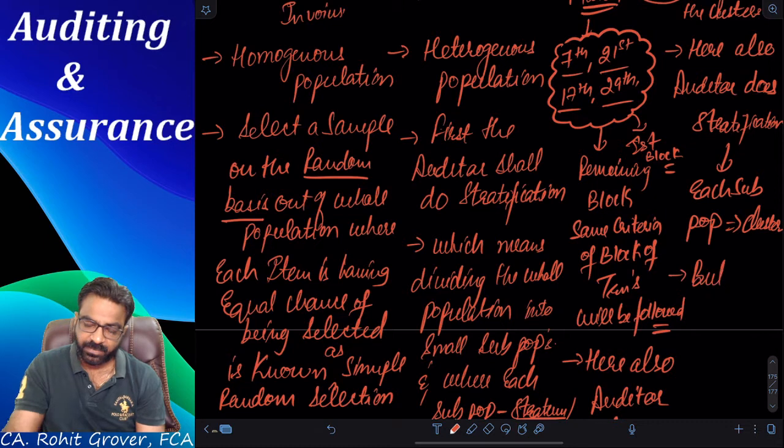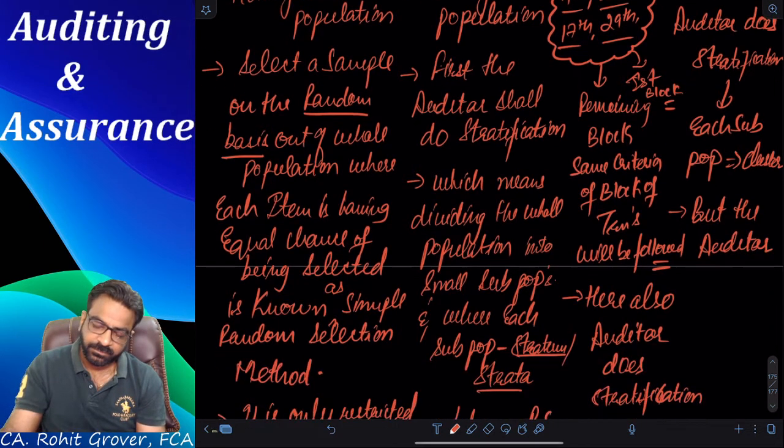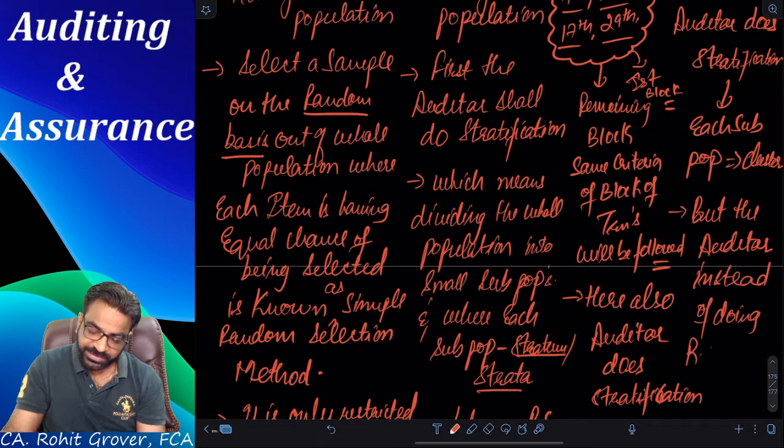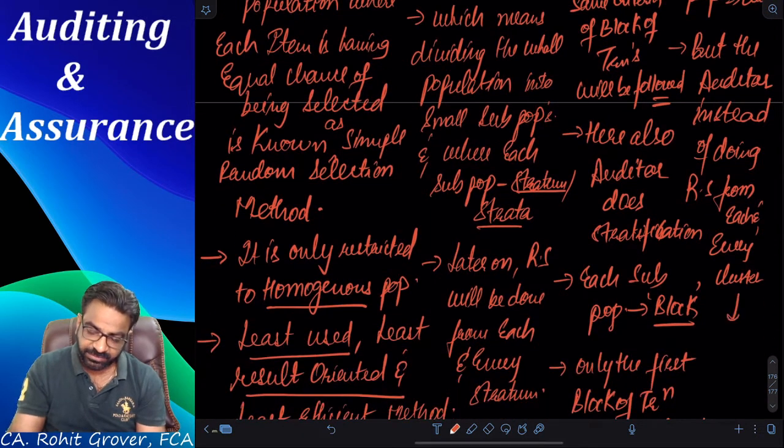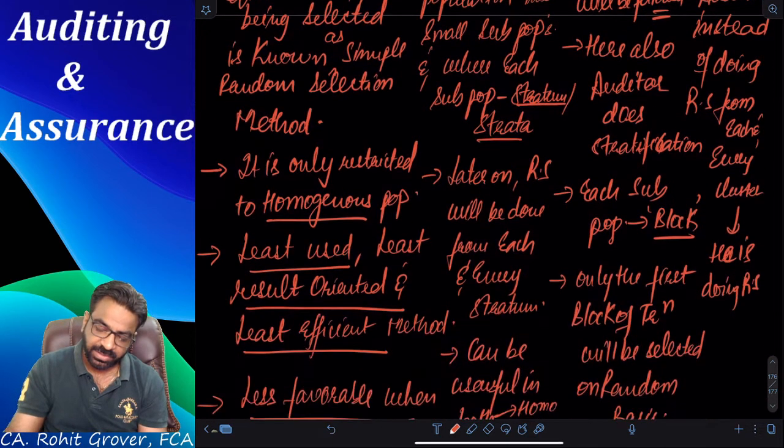But the auditor, instead of doing random selection from each and every cluster, is doing random selection among the clusters.